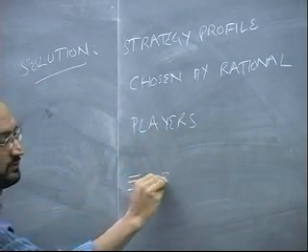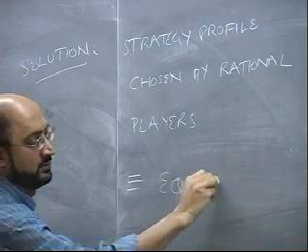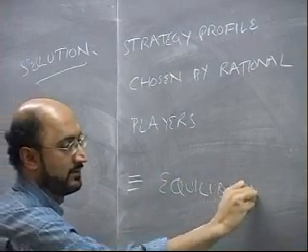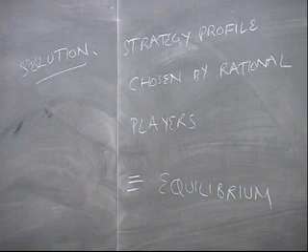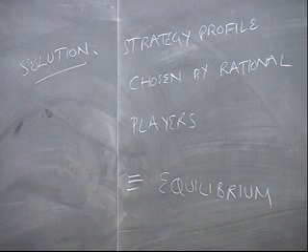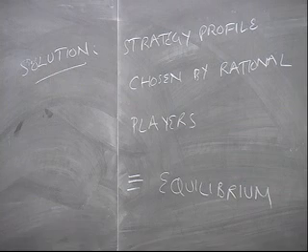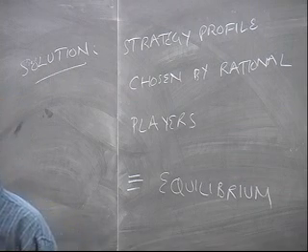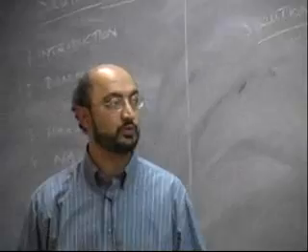And it's equal to the equilibrium. It's the same as. Now it turns out that depending on how complex you make the thought process, you can get different solutions. So the same game can be solved and come up with different answers depending on what concept you use.